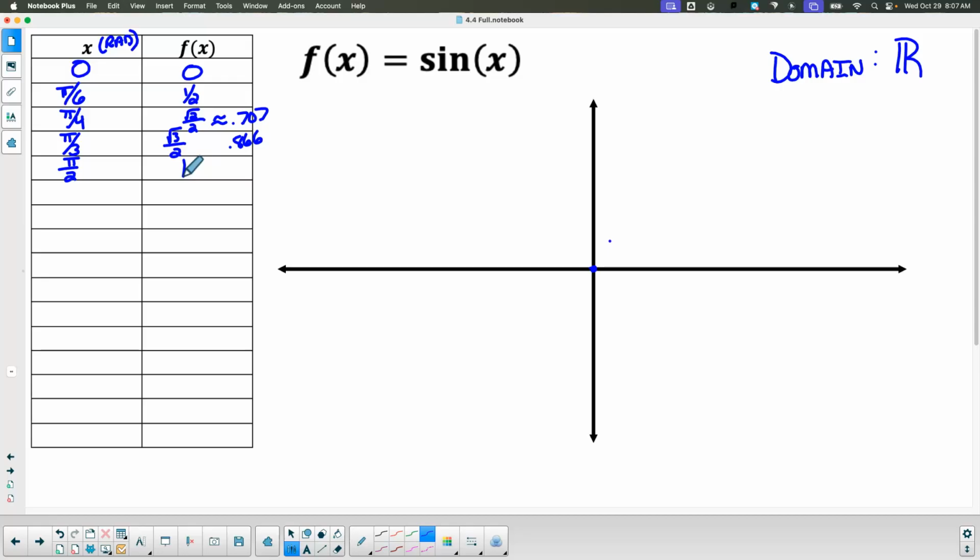Let's keep coming. 2 pi over 3. We're at root 3 over 2, which is going to be our 0.866. 3 pi over 4. 5 pi over 6.